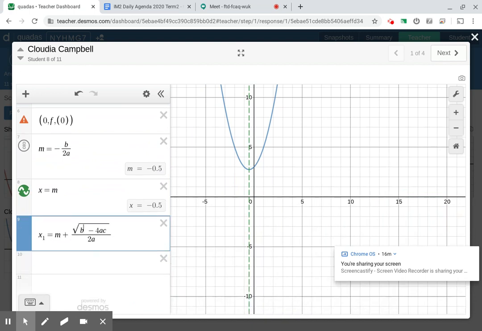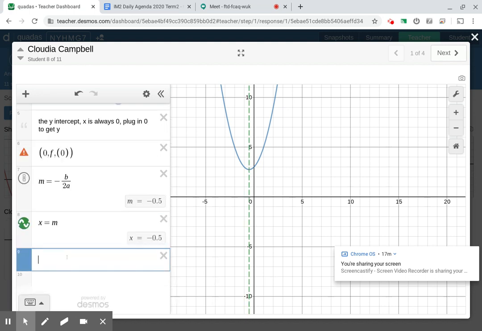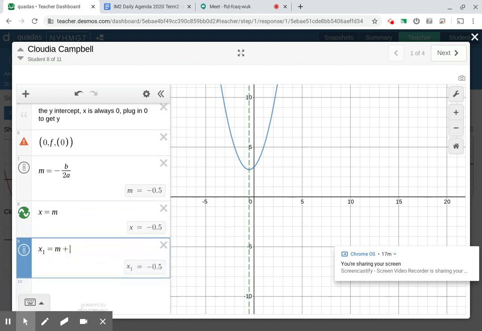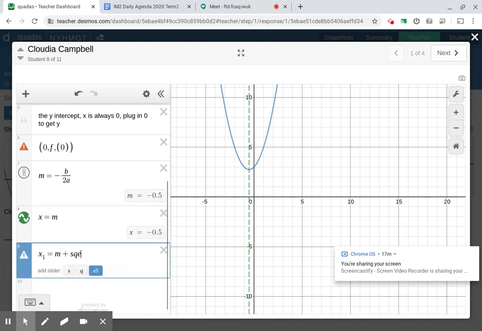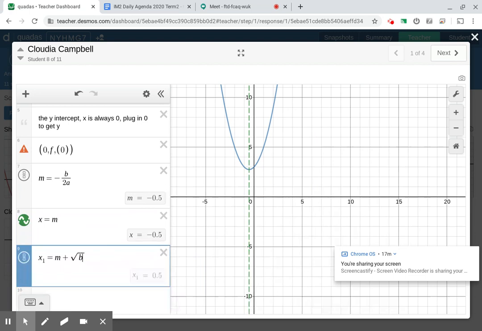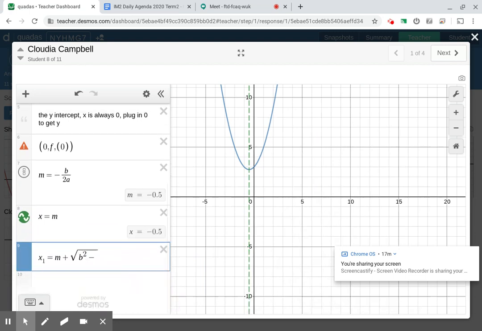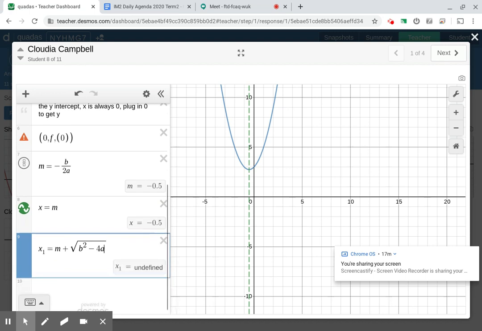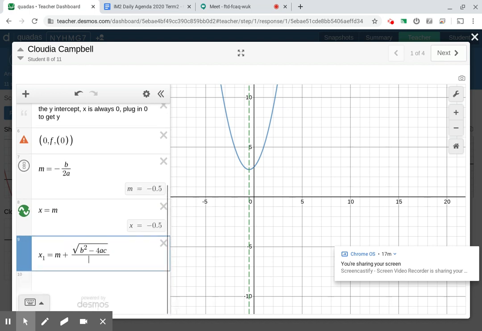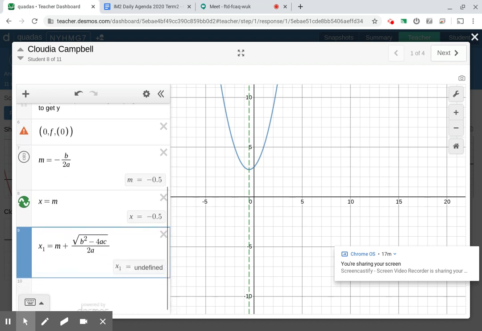So it'll be x1 equals the middle plus the square root of b squared minus 4 times a times c, then put the right arrow, and then all divided by double of a.